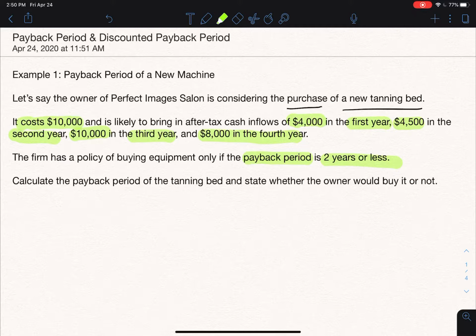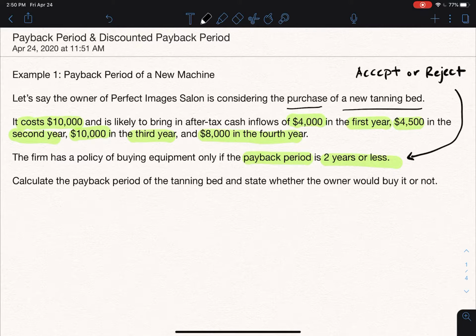Now, one thing that you need to know about capital budget decision models is that every model is going to have what we call an accept or reject decision, okay? Accept or reject. And in this case, that decision with this model is right here.